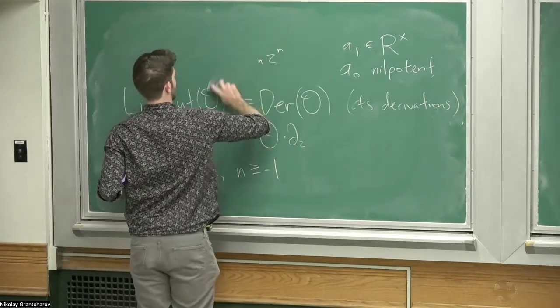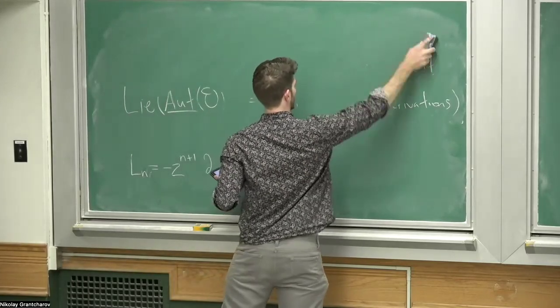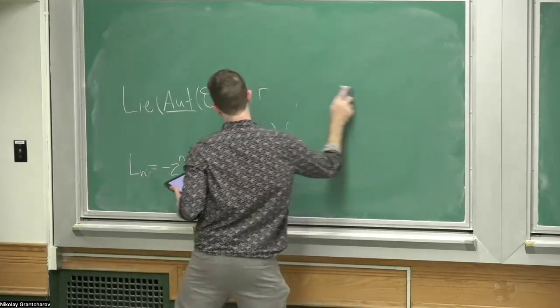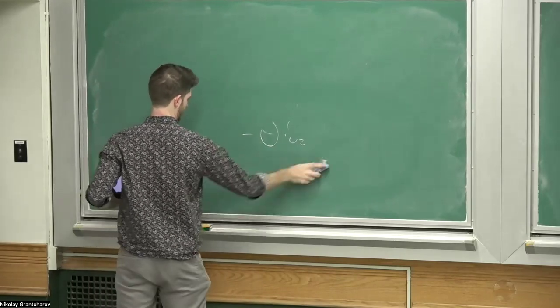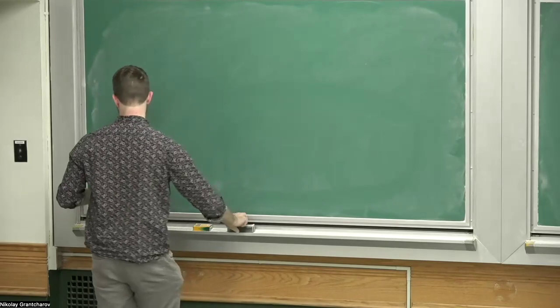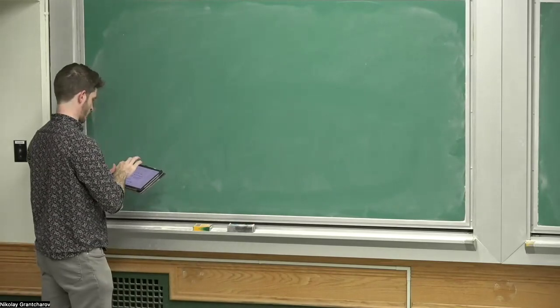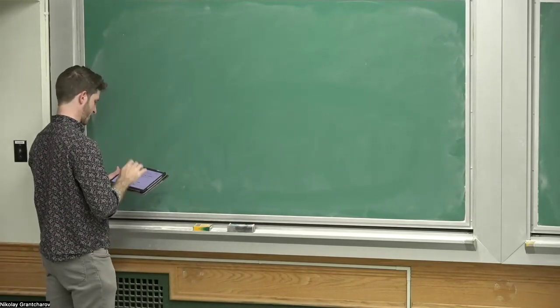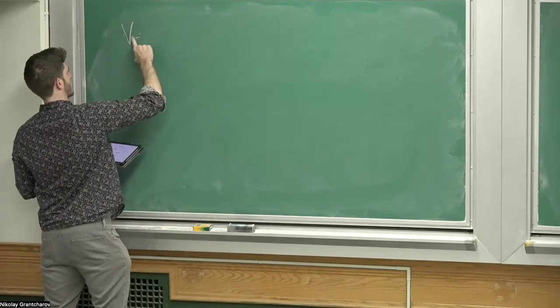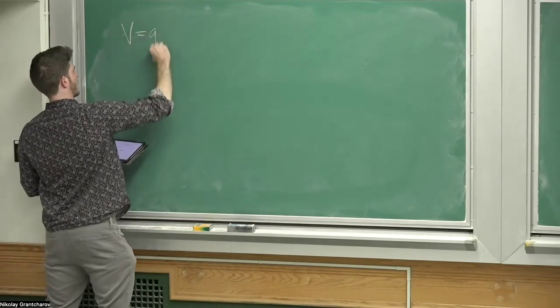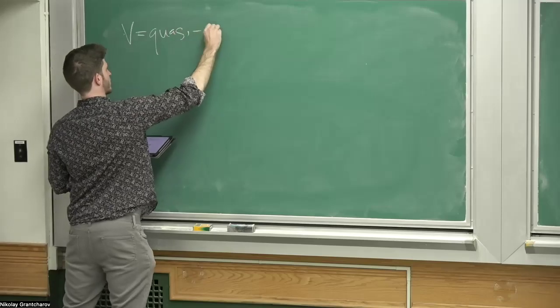So what this torsor does is it allows me to construct, from a quasi-conformal vertex algebra, or even just something with an action of Aut_0 of O, a possibly infinite dimensional vector bundle on X. So V is a quasi-conformal vertex algebra.